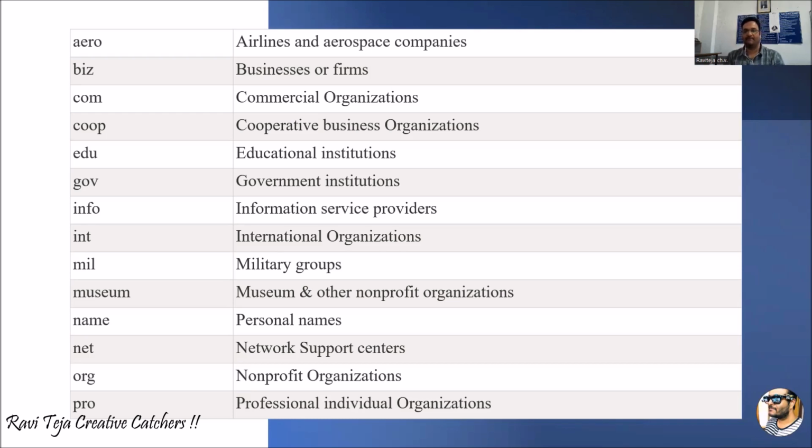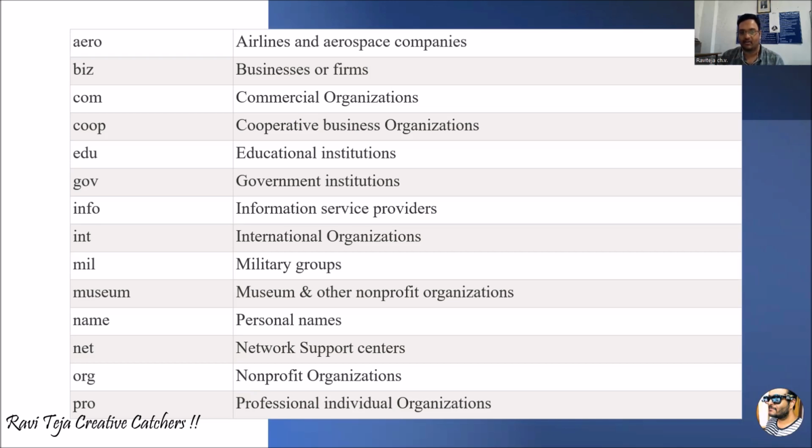Students may know very well that educational institutions have .edu, right? And .gov is for government institutions, and .info is for information service providers.